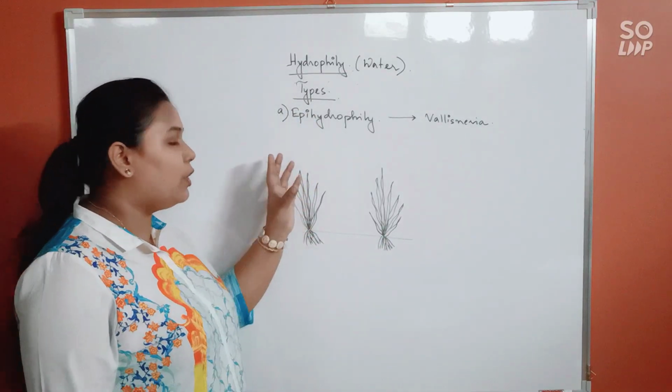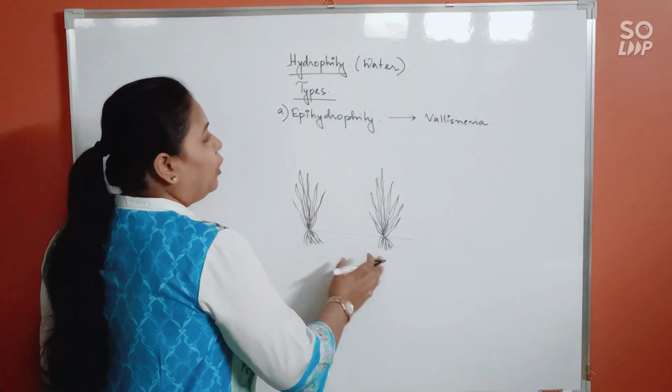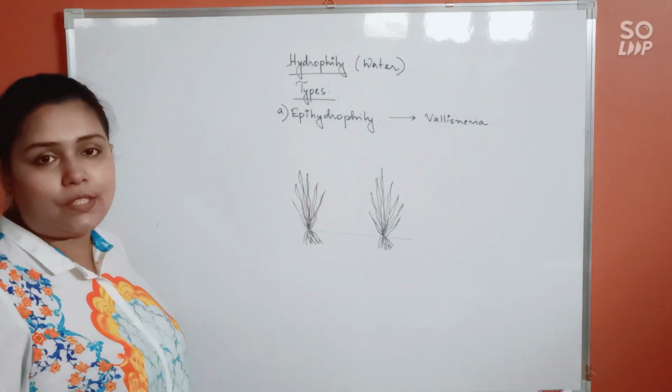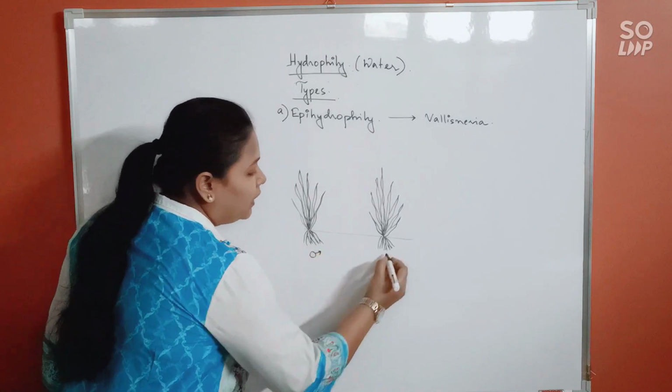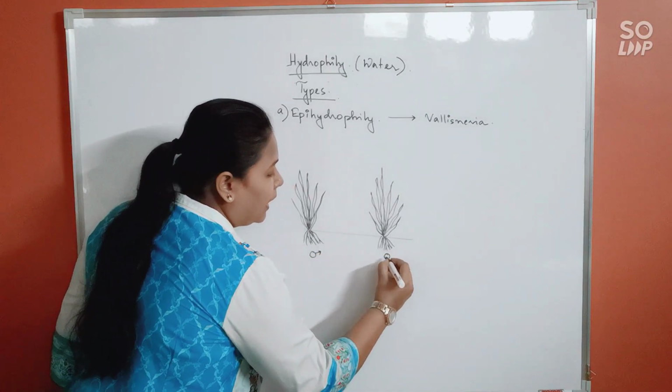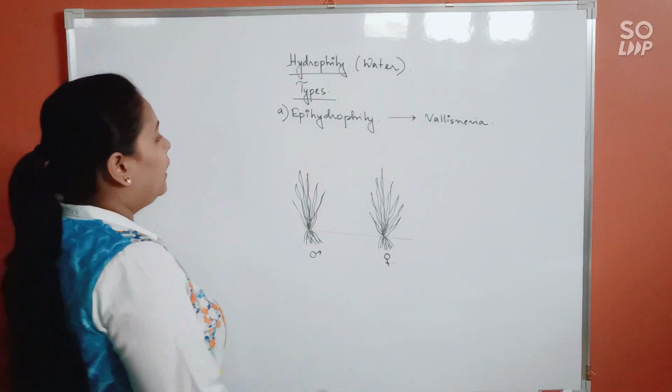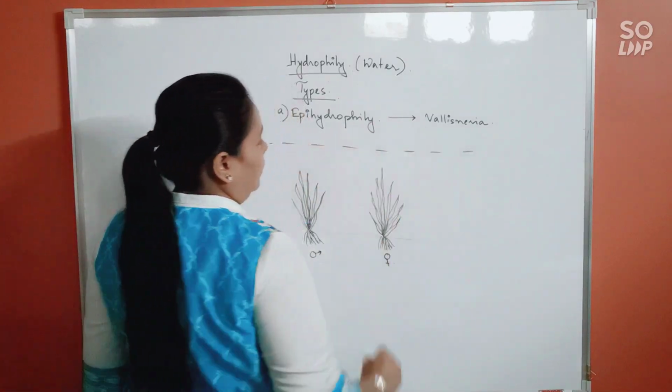That's why they are going to be narrow and long. Now because Vallisneria is a dioecious plant, suppose this is the male plant, this is the female plant. This is the surface of water.